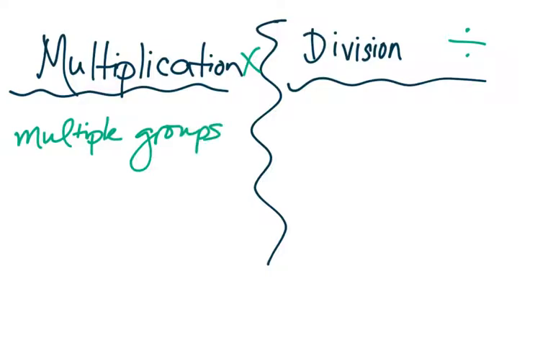So you may have 4 cups that each hold 1/3 cup of syrup, and you're figuring out how much you have all together. Whereas with division, you might be trying to figure out how many pieces of a thing you would have if you split it.